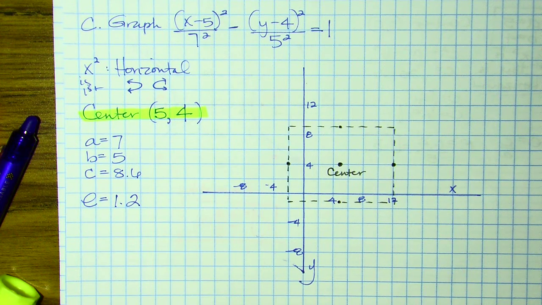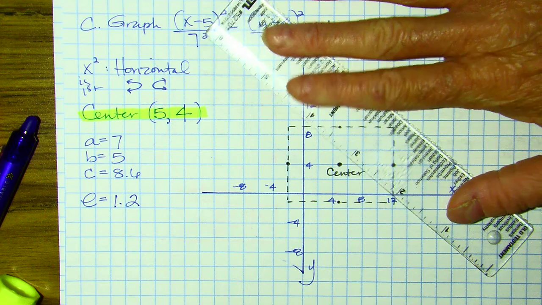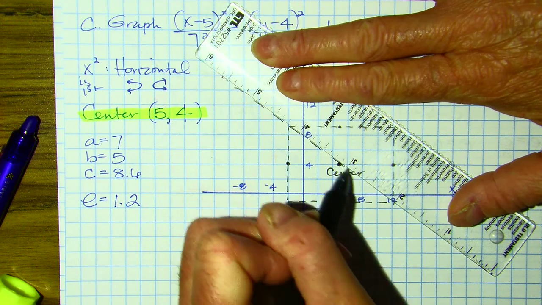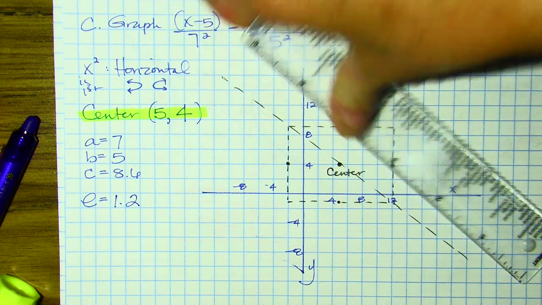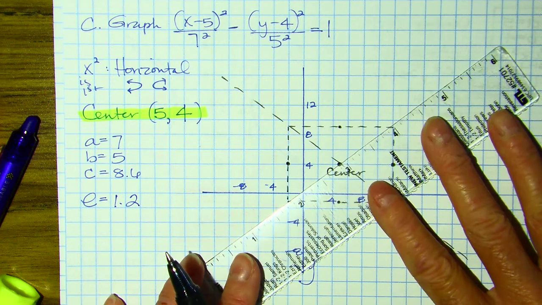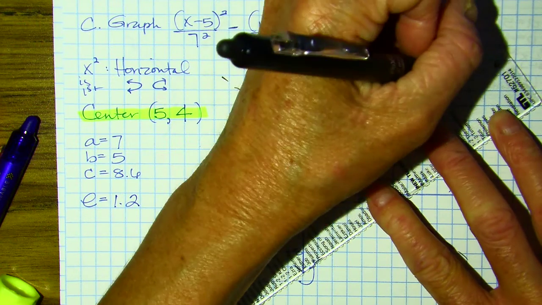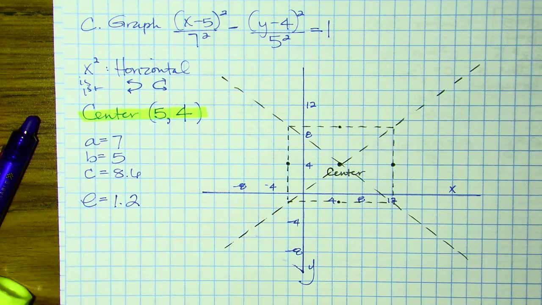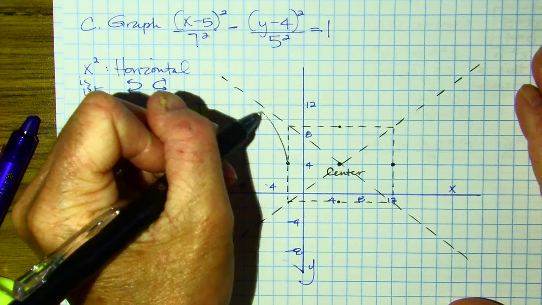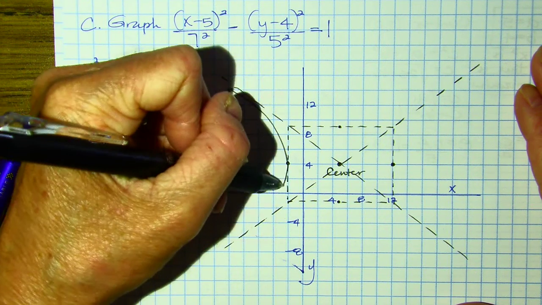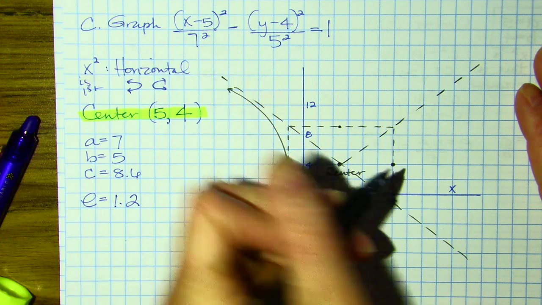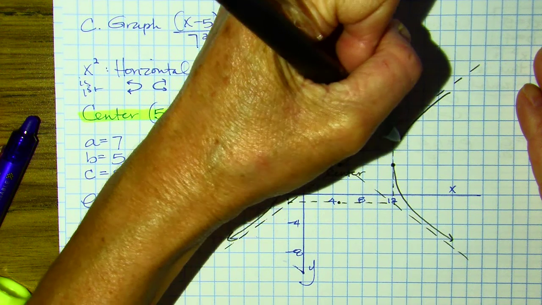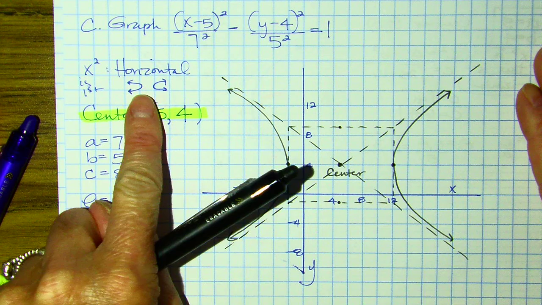And then our asymptotes should still go through the corners, and they are dashed lines, not solid. And so I have my hyperbola, one curve on the left, the other on the right, because it's horizontal.